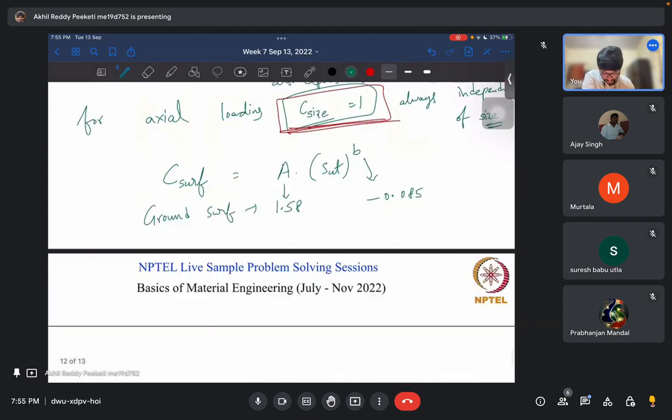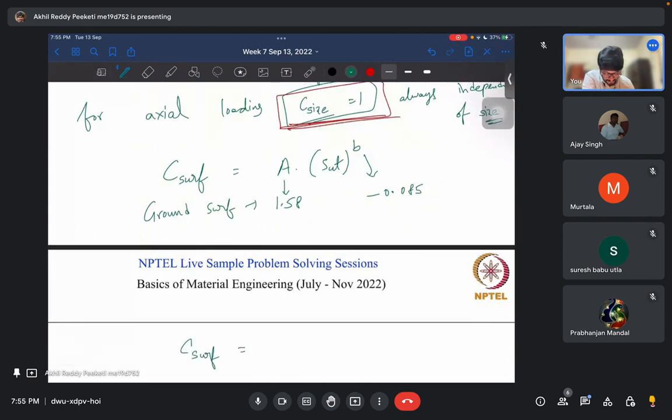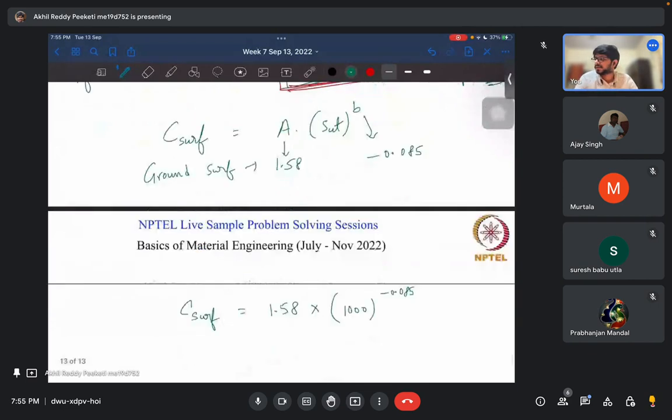SUT is given as 1000 MPa. So let me calculate this: 1.58 into 1000 power minus 0.085. So C surface is 0.8783.